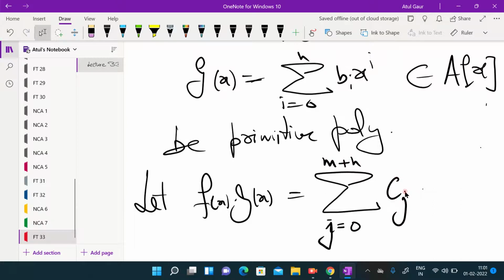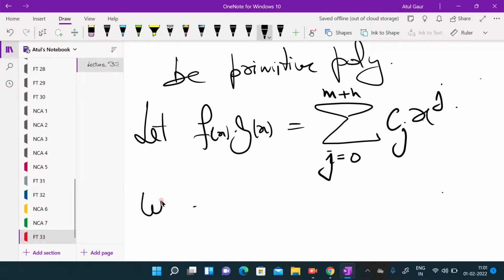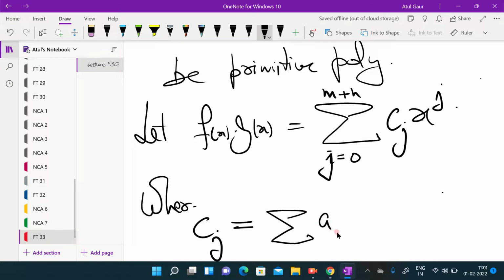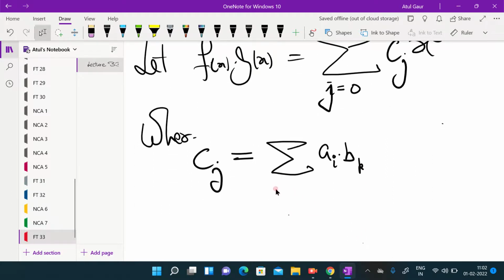This is the sum of c_j x^j, where c_j is the sum of a_i into b_k, नहीं, don't use j because j तो sum चाहिए ना, so let's call it k, where i plus k is j. This is c_j. ठीक है.